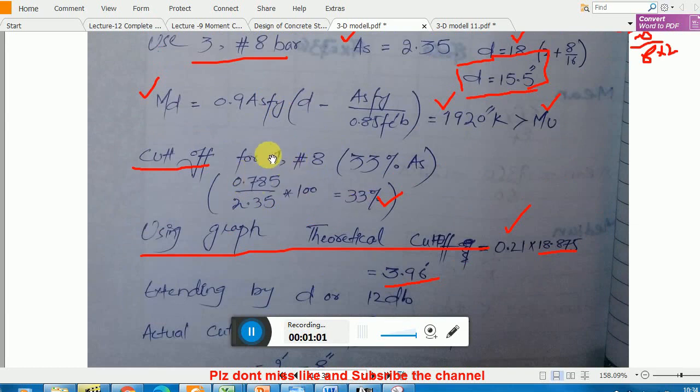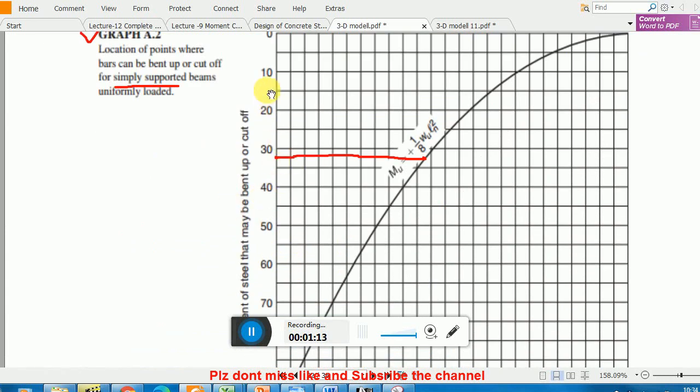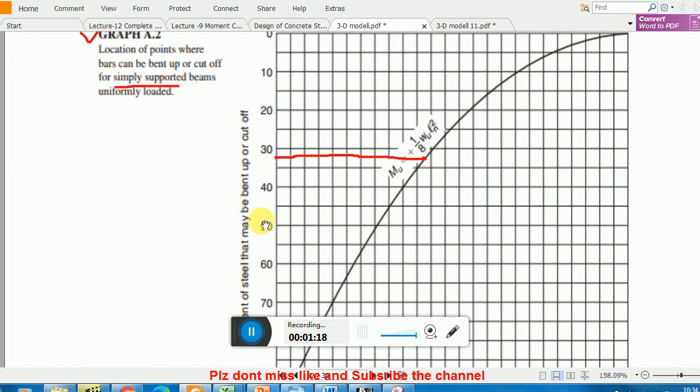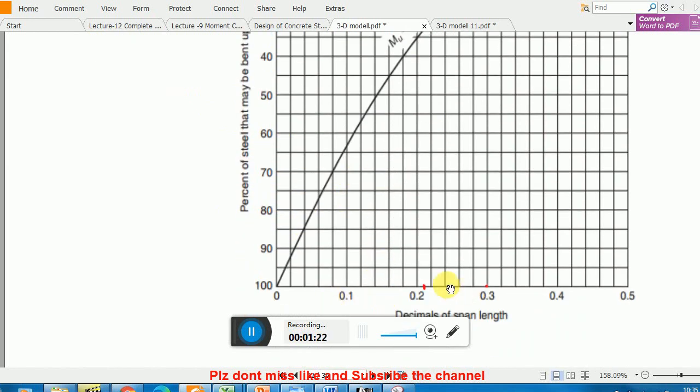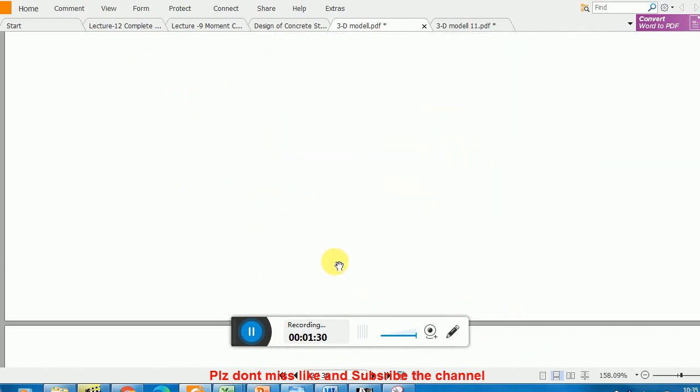Like if you are cutting 2 bars basically, you multiply 2 with this 0.785, you got that percentage, remember. And then the percentage will be increased or decreased. You search here and just extend the line and find out the fraction distance. Okay, so this is a new approach. I think you will see this for the first time.